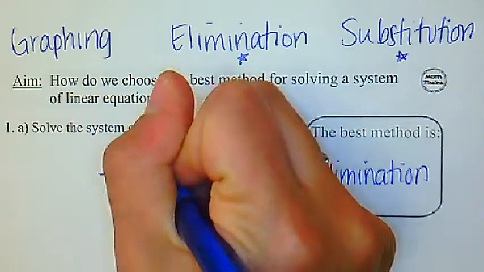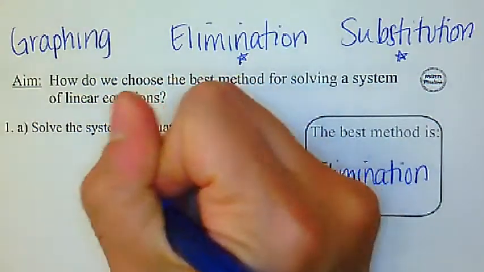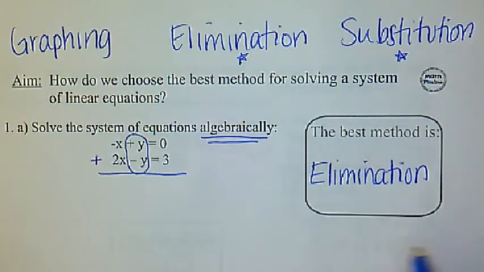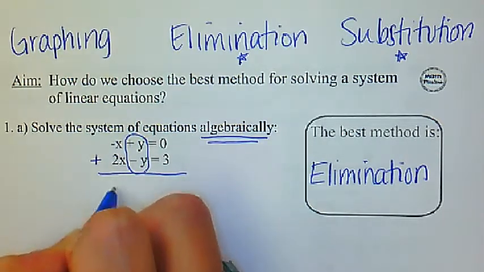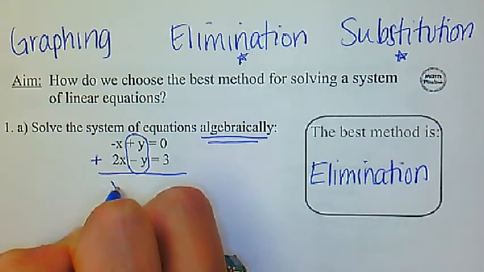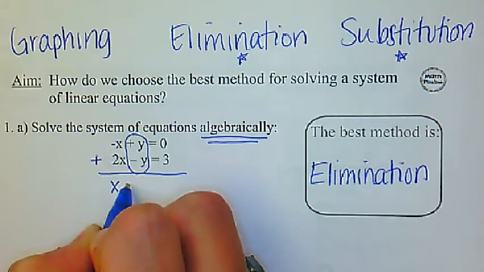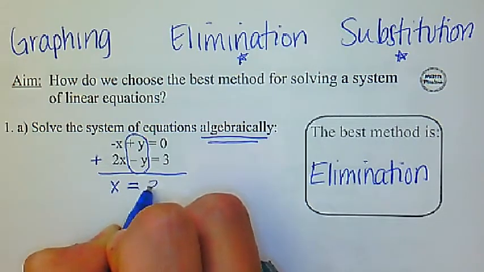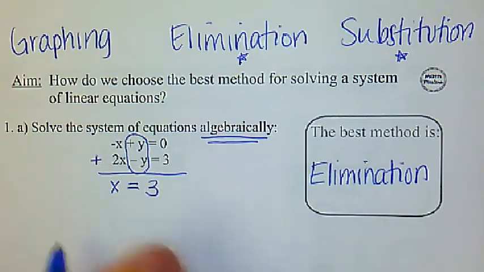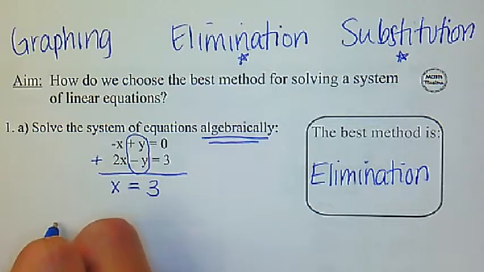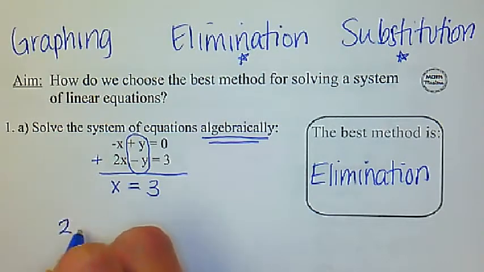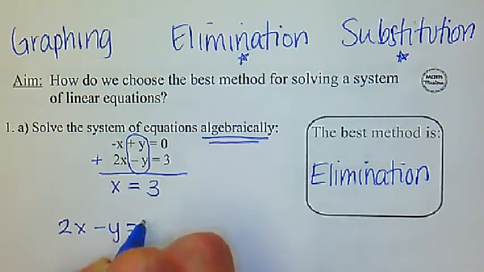I see that I have additive inverses, so I'm going to use addition. So I'm going to get x equals 3. Substitute that back in. I'll do it for this one. 2x minus y equals 3.